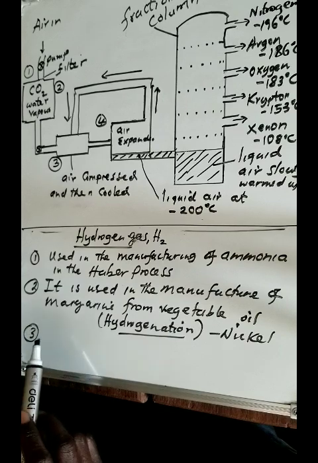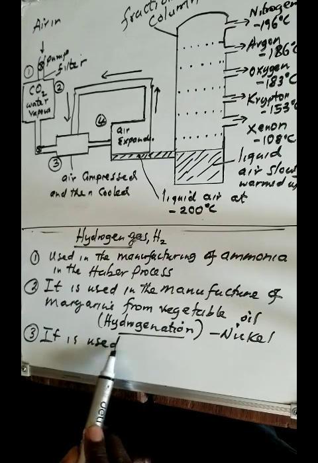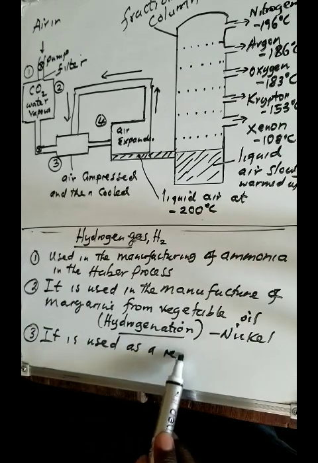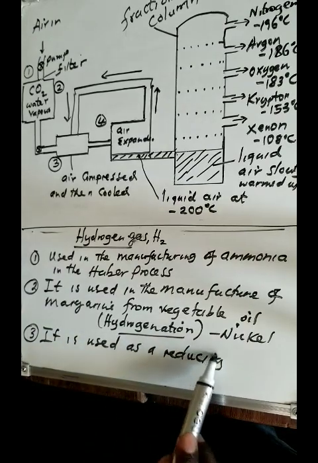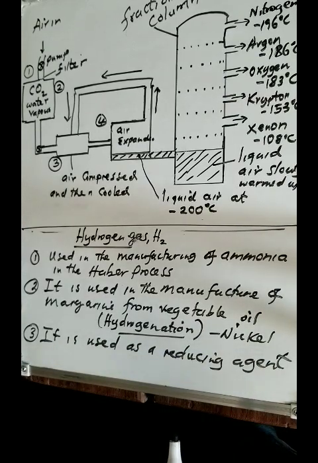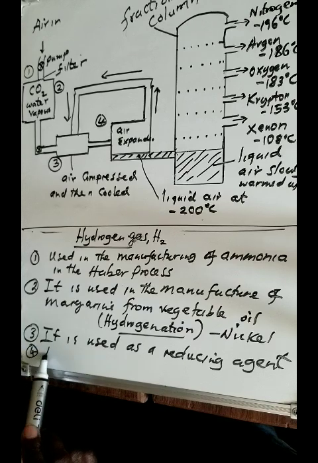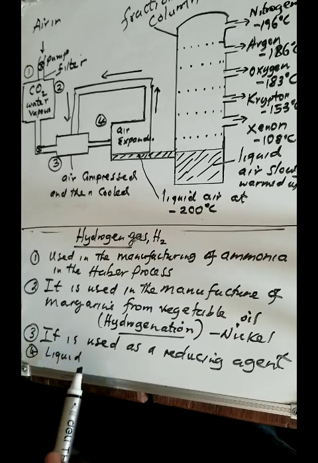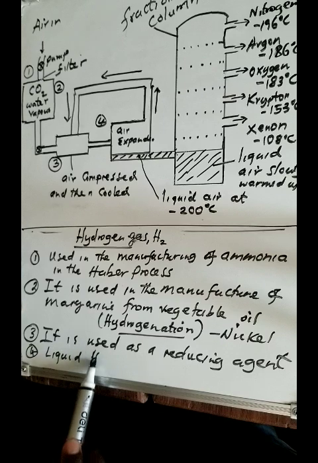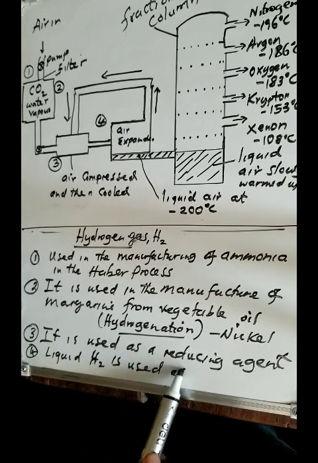Another use of hydrogen is that it is used as a reducing agent, a very good reducing agent. Another use that we can talk about is liquid hydrogen, which is used as a fuel.